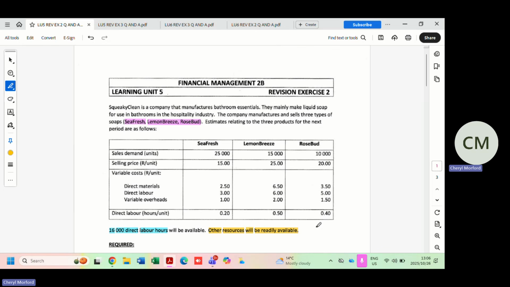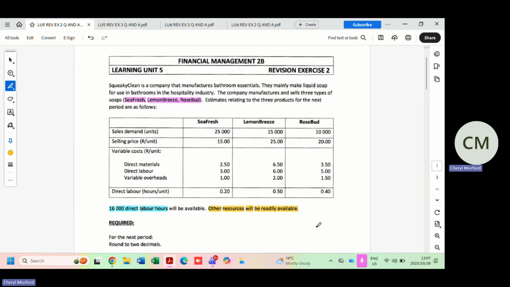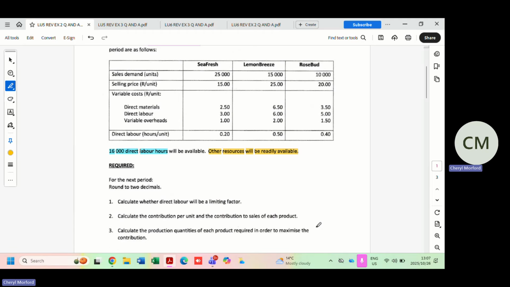You might not have that piece of information. It might actually say that there is a certain amount of materials available. So it would be up to you before you start the question to determine with all of the inputs whether they are limited or not. So here, to save time, we're just going to deal with one. So the first part says, is direct labor limiting or not? So we need to understand what that means.